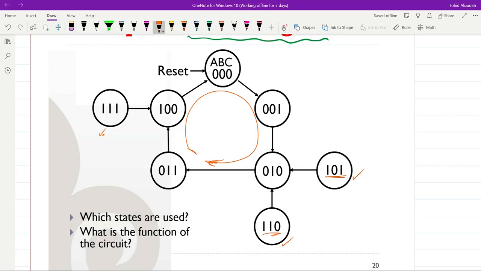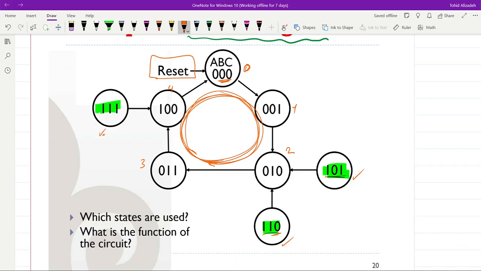But if we start at any state here and at the reset at the beginning we start with 0, 0, 0, we will always remain inside this loop. So the 3 states that are shown here will not be used. Okay. So basically we will start from 0, 1, 2, 3, 4, and 0.